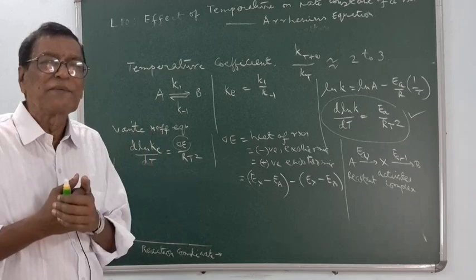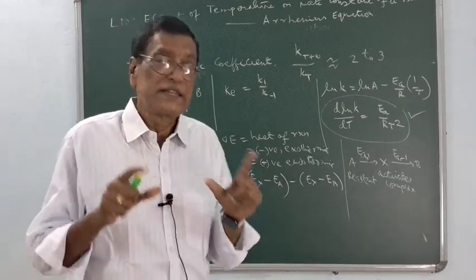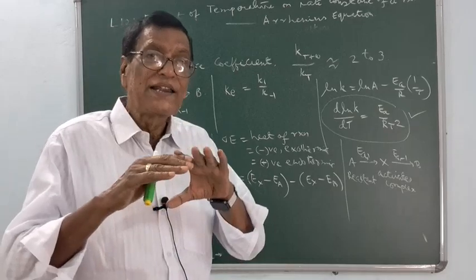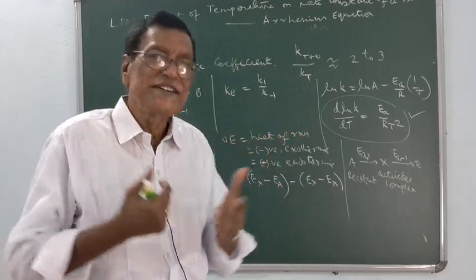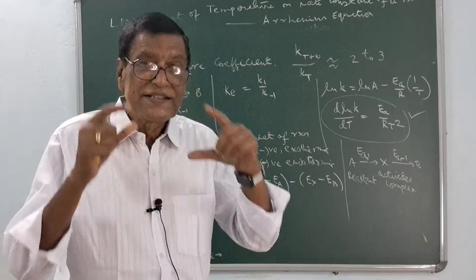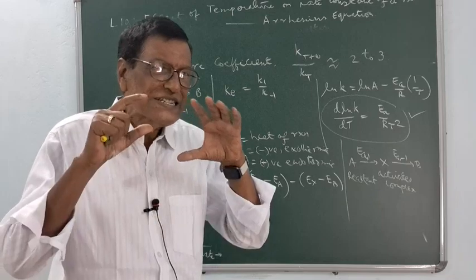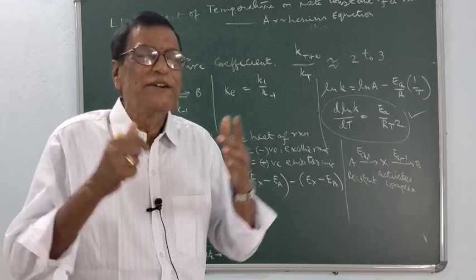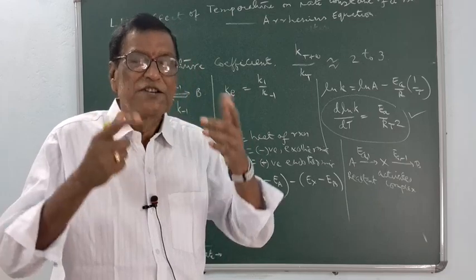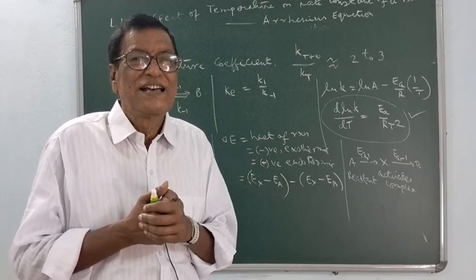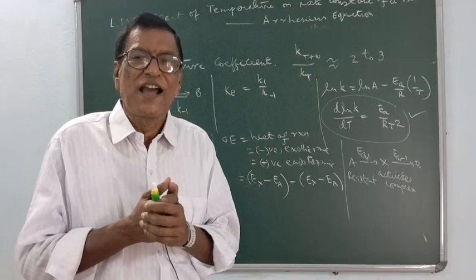So what will be the curve? This curve which I like to draw is also qualitative, but this curve is very useful to explain the activated complex, activation energy and the process of this reaction.